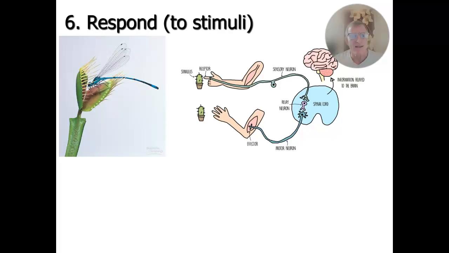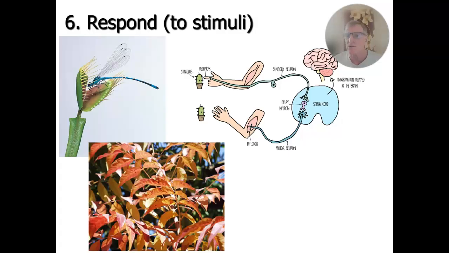When that insect lands in it, it has little touch receptors that sense something on it, and it closes and captures it and digests it and uses its nitrogen, right? But we also see plants responding to things in the environment like limited sunlight. As the days get shorter, plants sense that winter is coming due to the shorter photoperiod, and they stop producing chlorophyll. So plants and animals respond to stimuli.